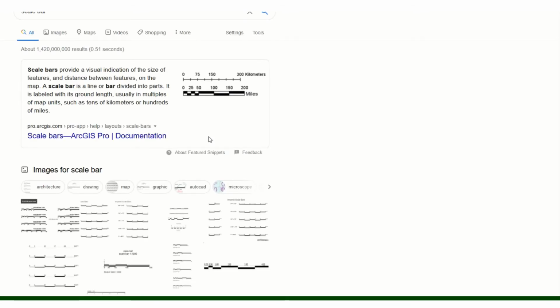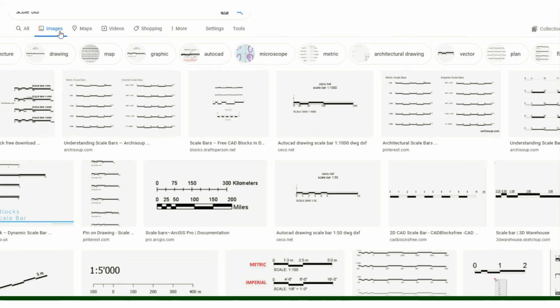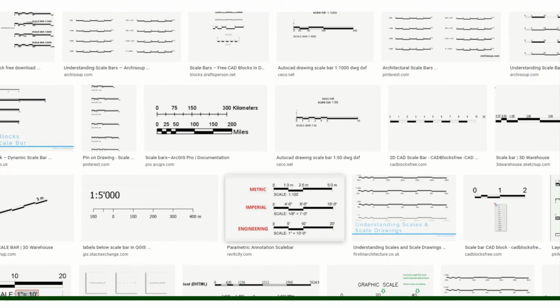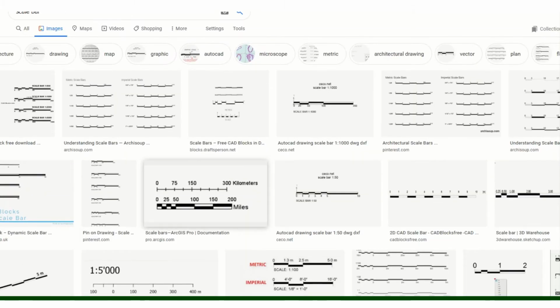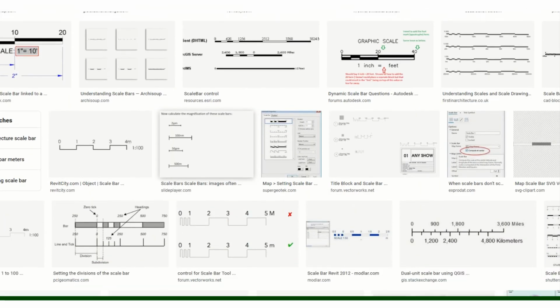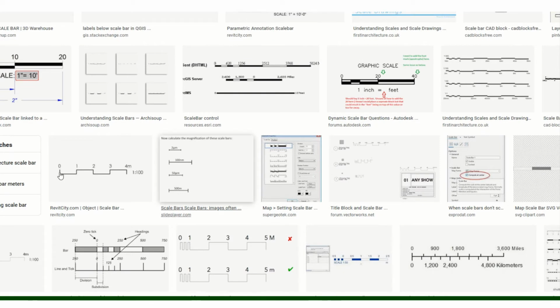I wish that I can find it here. So here you can see the scale bar: from here to here shows 300 kilometers, which is equal to 200 miles. Or we can write it as fractions as well. I'm looking at another one, which is the easiest one, so that you can easily understand.